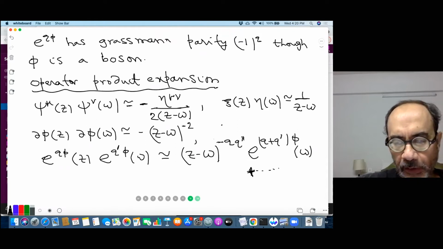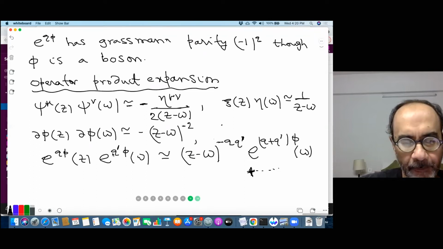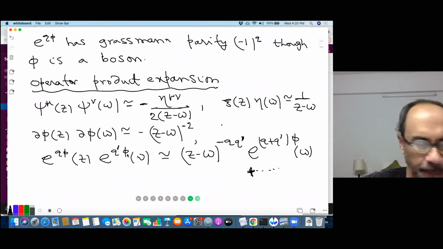And so now you see that if q and q prime are both odd, then this is an odd power of z minus w. And that means that it's antisymmetric under z w exchange, because there is an odd power of z minus w. And that's another way to see that e to the q phi and e to the q prime phi behave as Grassmann odd objects if q and q prime are odd.